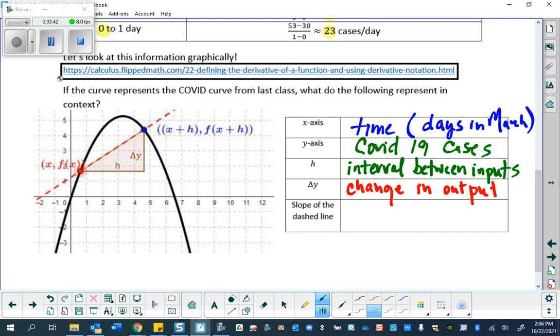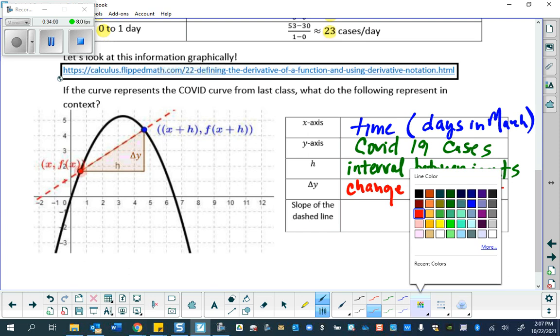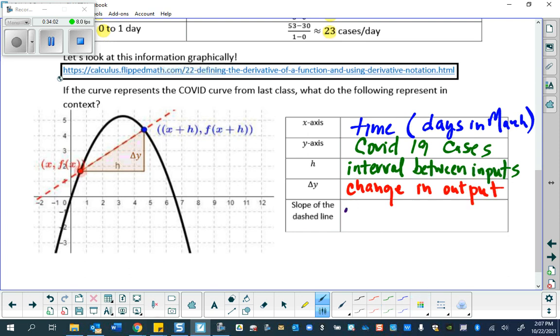Yeah, that's our change in output. And when we put it together, when we talk about the slope of our dotted line, that's our change in y compared to our change in x.